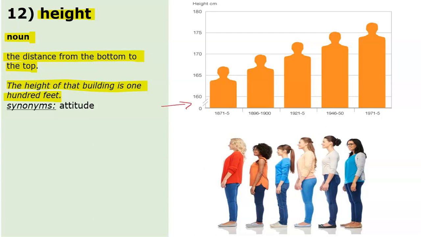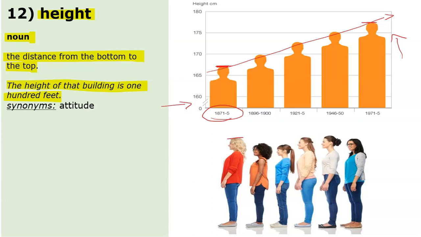The height of people has actually been getting higher as time goes on. In the past, people used to be much shorter than they are now. So, thanks to having more food and being able to eat more vitamins, people's height has increased. The height has gone up.